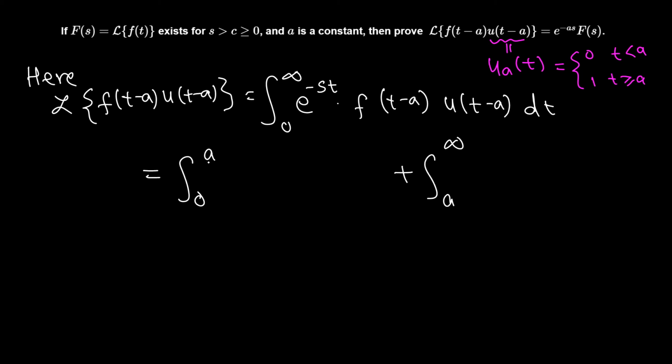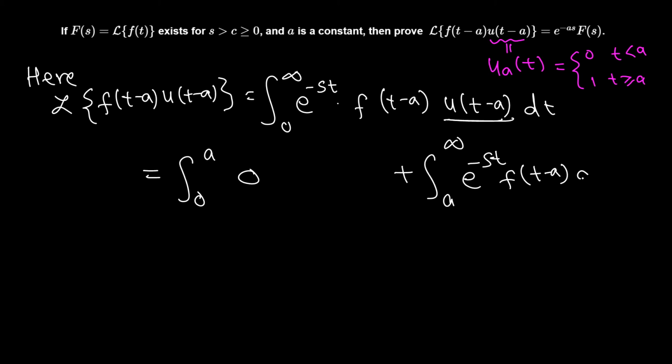In 0 to a, this unit step function is 0, from the definition. So the whole thing is 0, and we don't even have to write anything. And this is 1 after a. So this is e to the negative st f(t minus a), and this is 1 times 1.